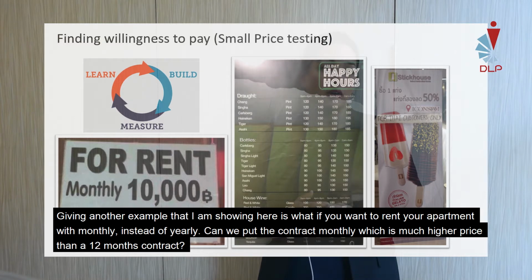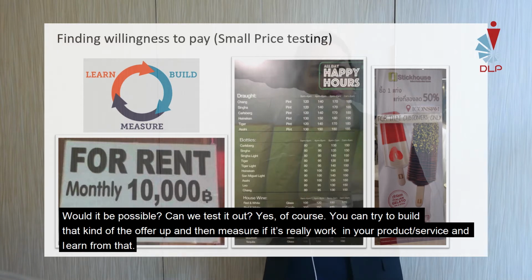The first example: what if you want to rent your apartment monthly instead of yearly? Can we set a yearly rental at a much higher price than a 12-month contract? Would it be possible? Can we test it out? Yes, of course. You can build that kind of offer and make sure it really works for your product and service, and learn from that.